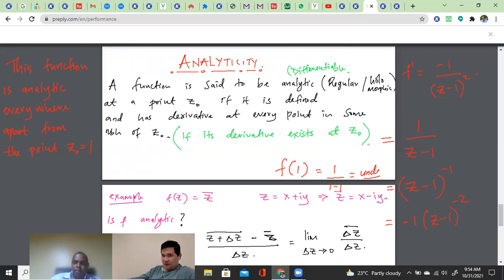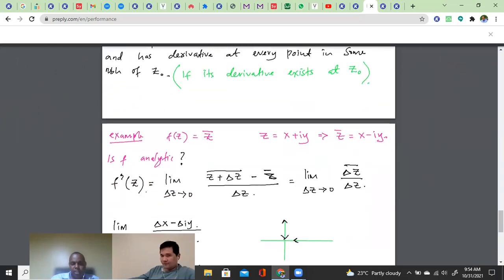I believe you're talking about this example, where we are trying to check if the function z bar is analytic. We want to find out whether this function is differentiable. Remember, an analytic function has to have a derivative.